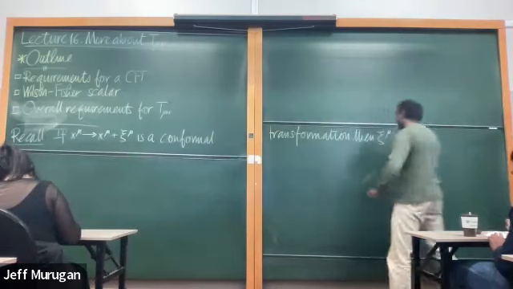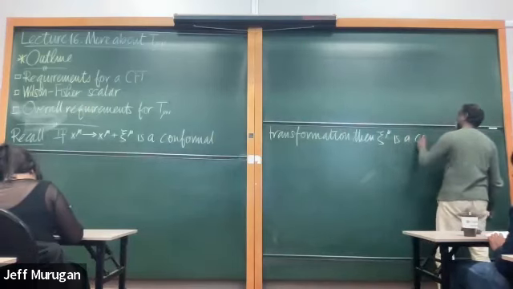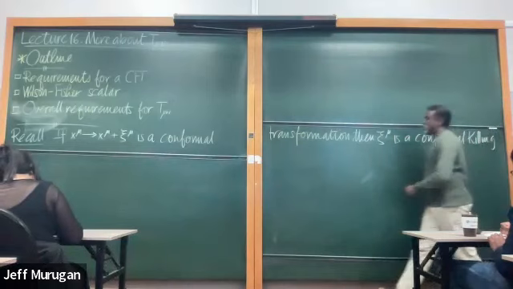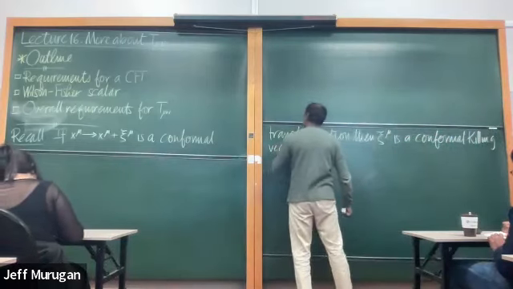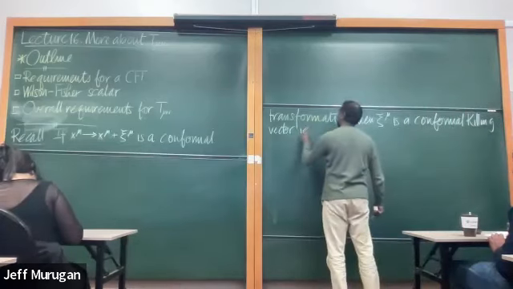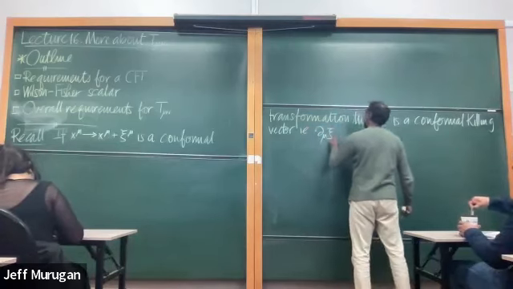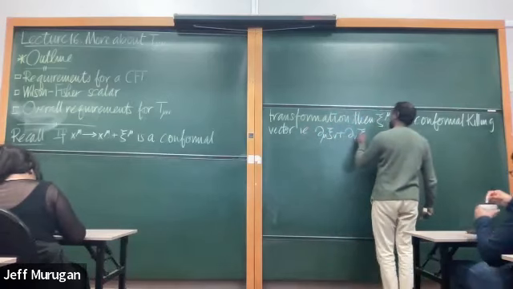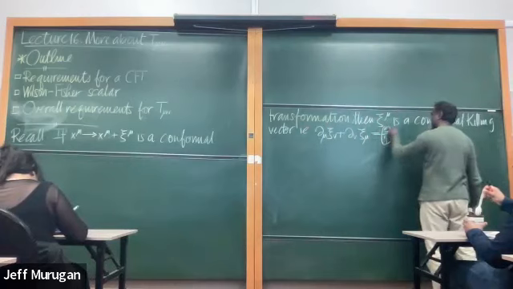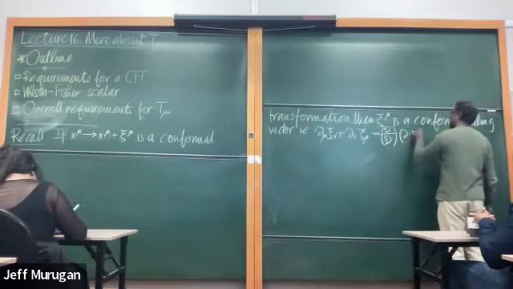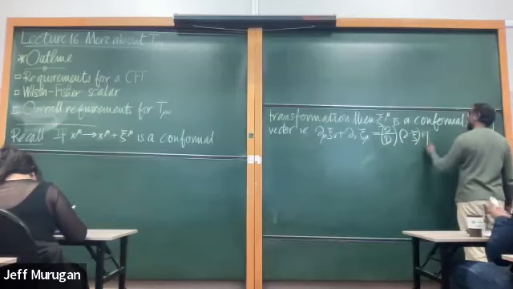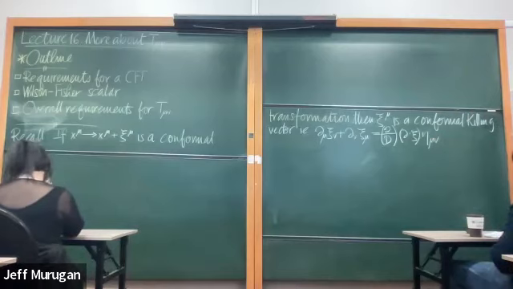Not just any Killing vector, it must be a conformal Killing vector. A conformal Killing vector satisfies the conformal Killing equation, which says that ∂_μ ψ_ν plus ∂_ν ψ_μ is 2 over d, the number of dimensions of space that we're working in, multiplied by the scalar product of the differential operator with this vector, times the metric η_μν.